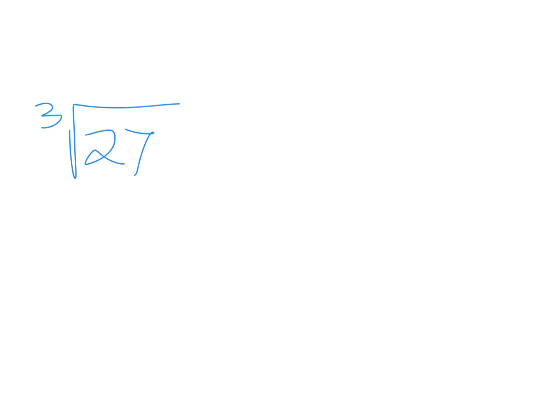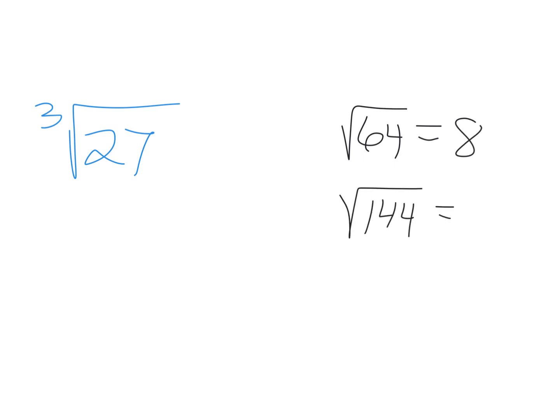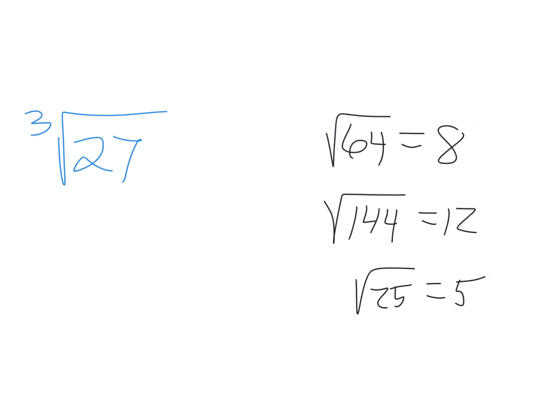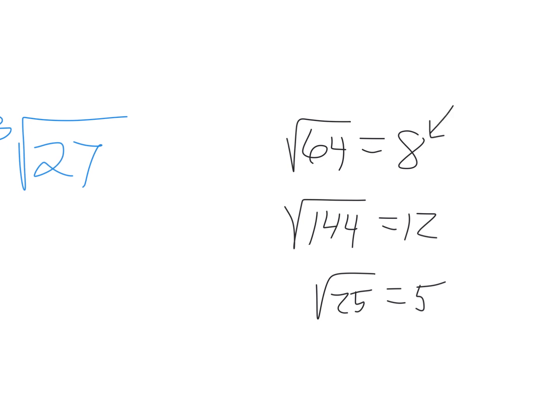All right. So to really understand the cube root, I really got to make sure you understand a square root first. A square root is like square root of 64, and just say it if you know it. 8. How about square root of 144? 12. Square root of 25? 5. All right, good. So that was a deal where this times itself gave you this, right?